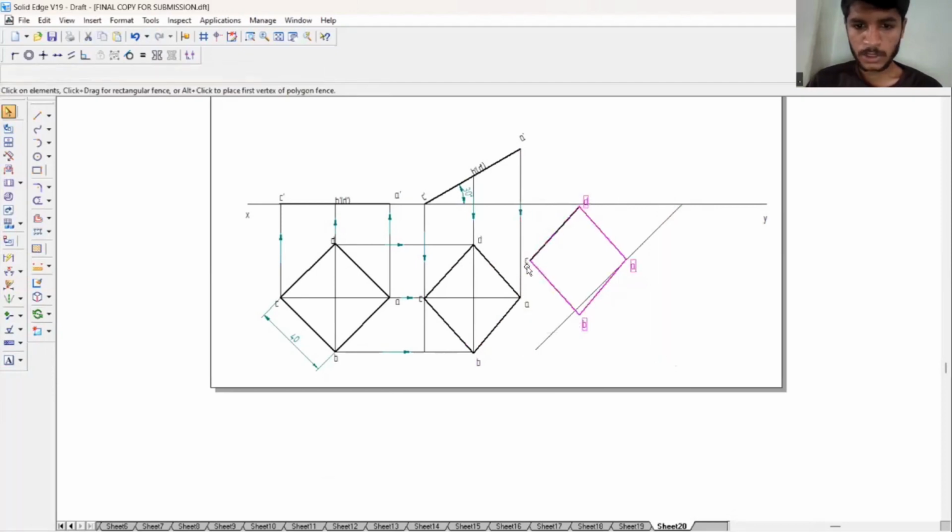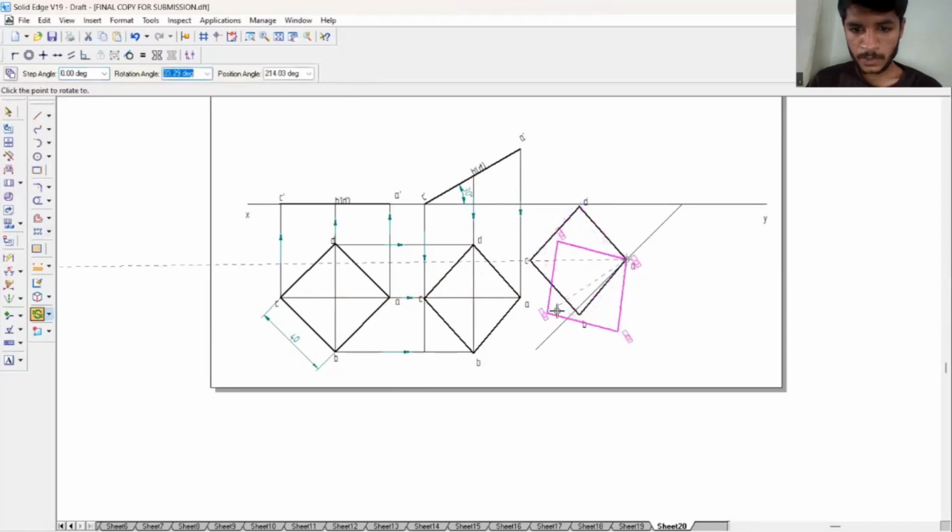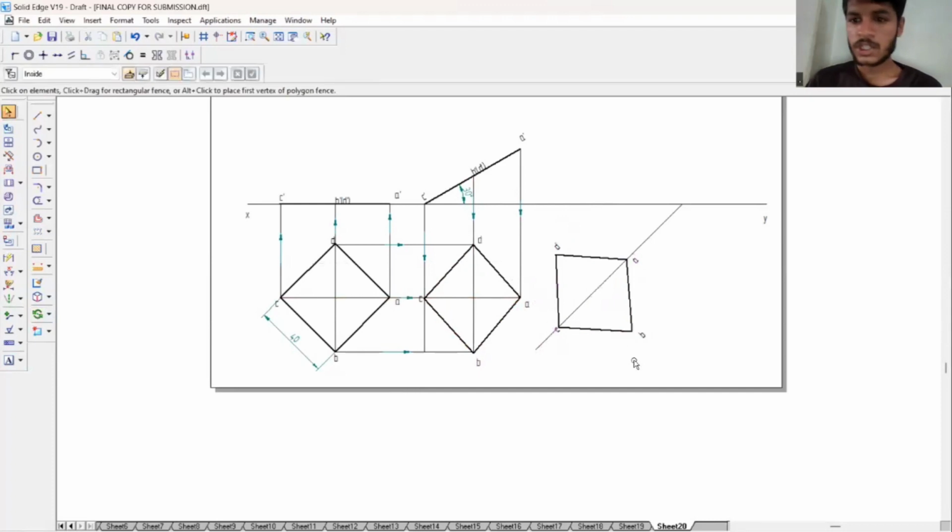The arrow mark there was unwanted, so I deleted it. Now let's rotate it. Yeah, it's perfect.